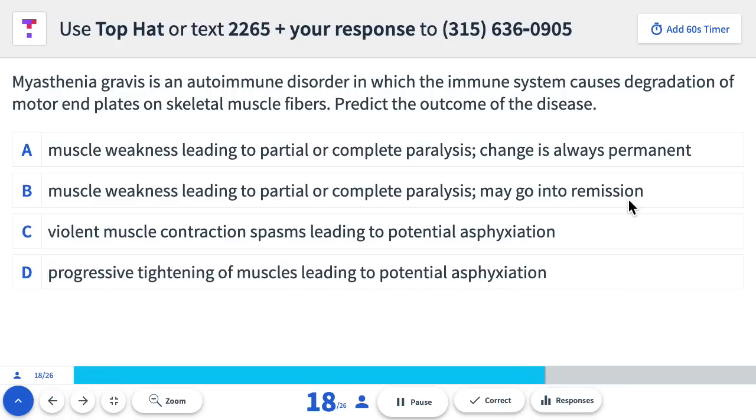Nine more people. 8, 7. One more person. There we go.